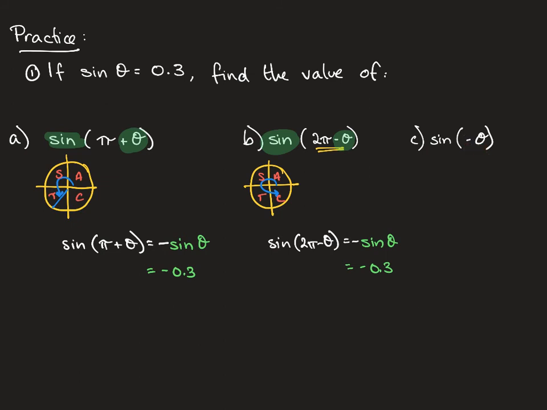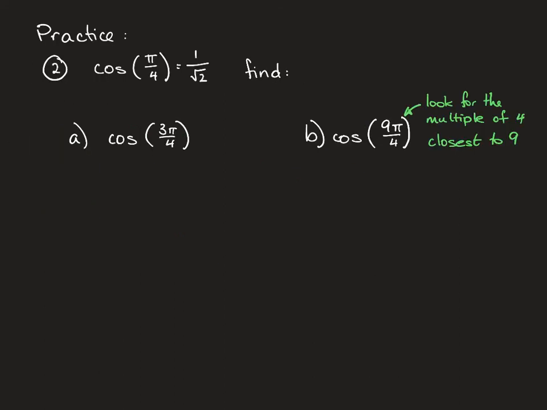And so we know that minus theta is going to be in the fourth quadrant, and using our positives and negatives in the fourth quadrant, the only thing that's positive is cos. So our answer is going to be a negative value, and is going to be the same size as cos of theta, which is 0.3. Let's have a go at another one.